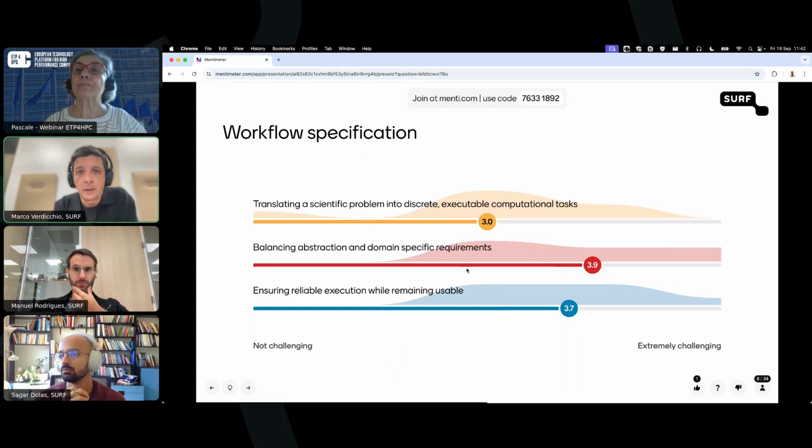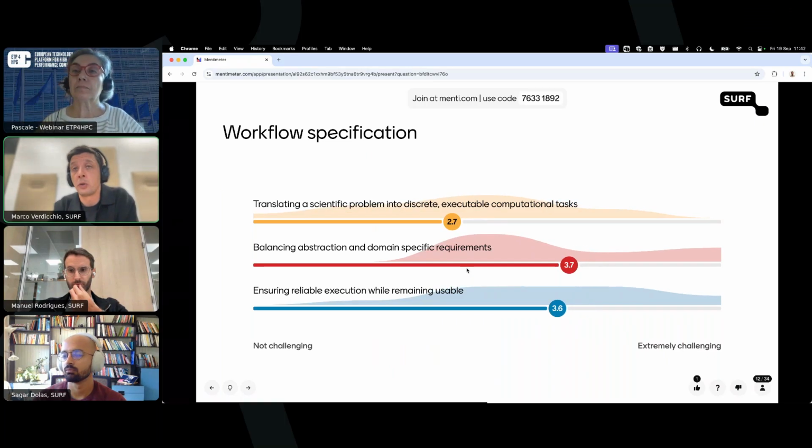So what do you think is challenging in your current way of working, or what bottlenecks are you facing that can be connected to some of these challenges?